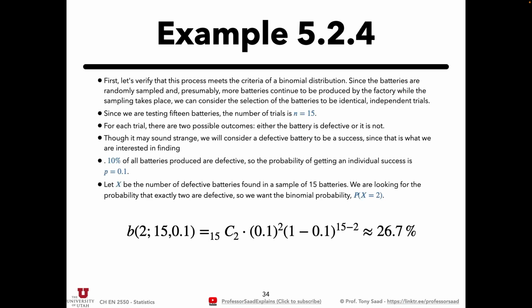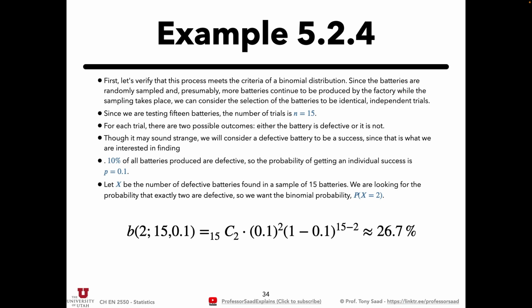Let's go through this. So since the batteries are randomly sampled, and presumably more batteries continue to be produced by the factory while the sampling takes place, we can think of the selection of the batteries to be identical independent trials. So the trial here is picking a battery from the assembly line, up to 15 batteries. So that's our experiment. This is like tossing a coin. We're going to pick a battery.